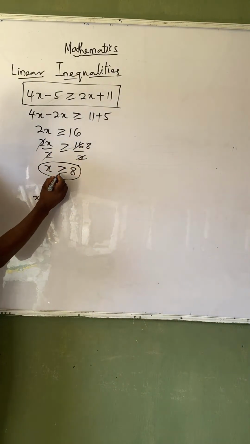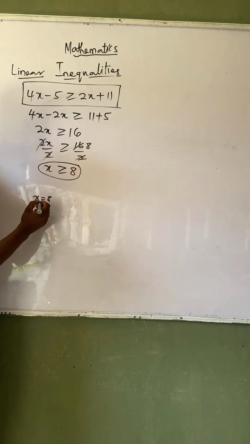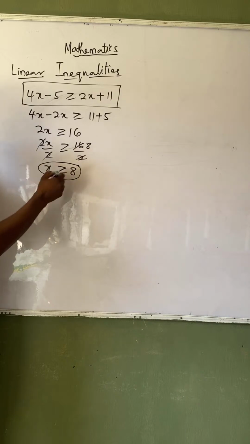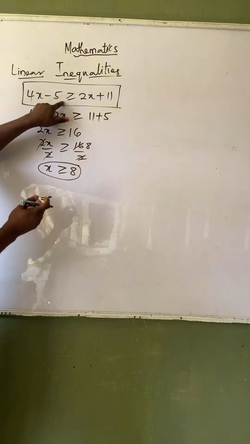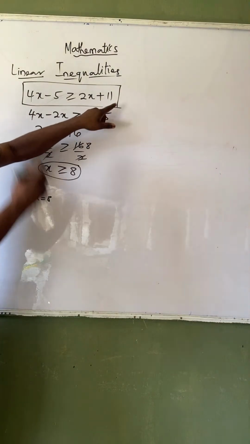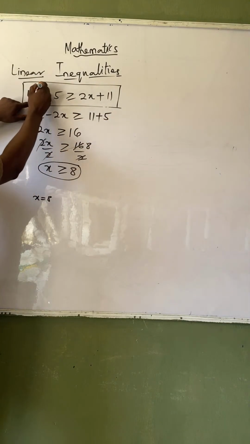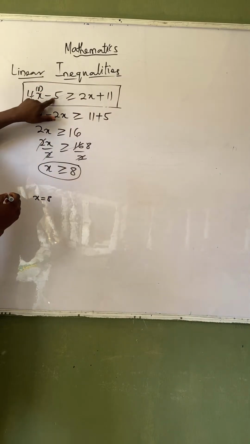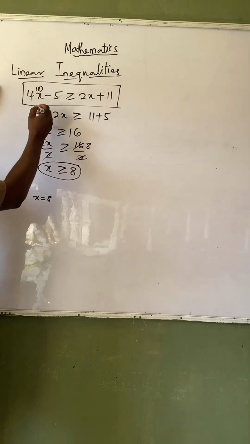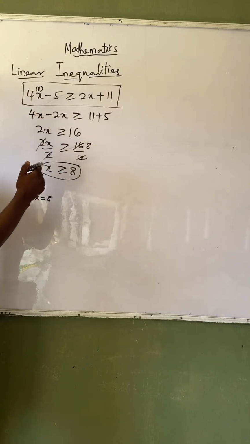Now let's assume that x is greater than or equal to 8. That means x can be 8 here. So if I put the value of x as 8, does it obey these inequalities? Let's see. 4 times 8 is 32. 32 minus 5 gives me 27.